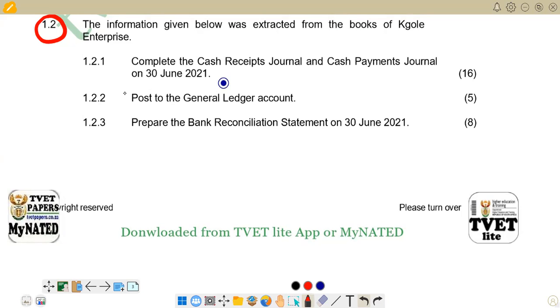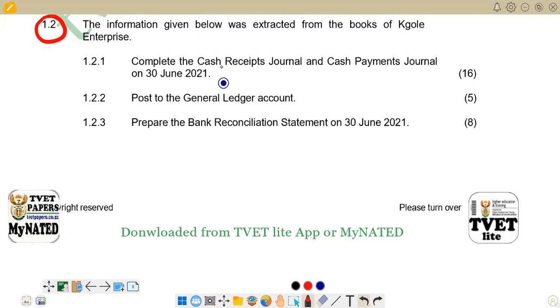What is on the credit side of the bank statement should be the same as what we have in the cash receipts journal, and what is on the debit side of the bank statement should represent exactly what is in the cash payments journal, which is also the information you are going to see in the bank account. The debit side of the bank account represents the cash receipts journal, and the credit side of the bank account represents information on the cash payments journal.